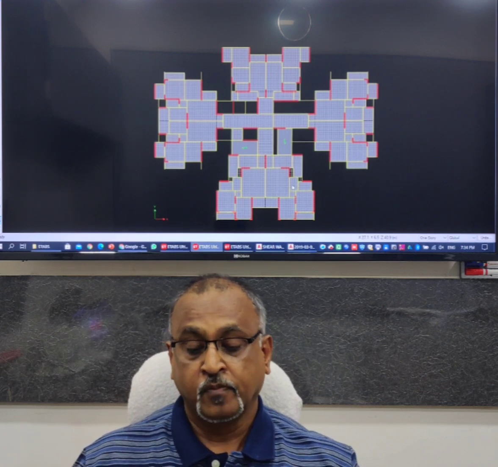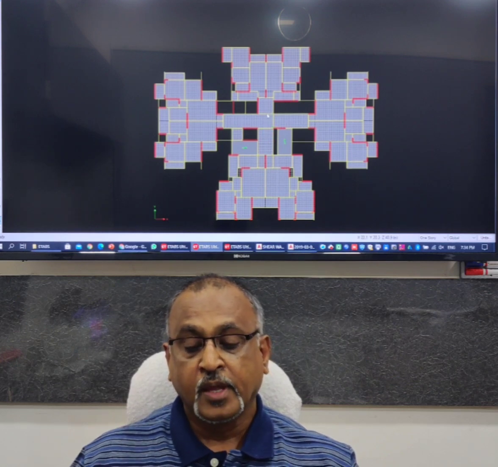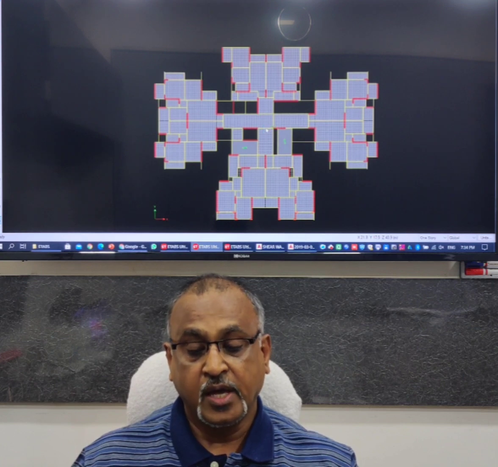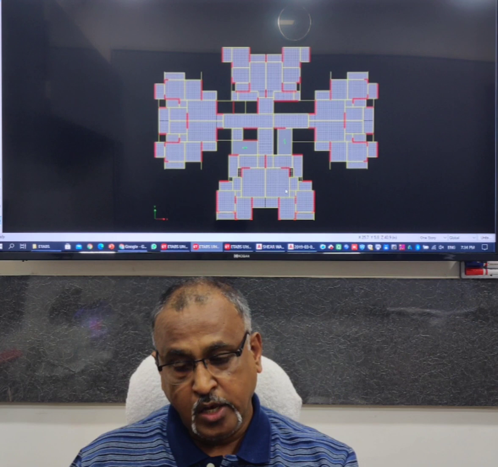What does it mean? It means that the center of mass is somewhere here and the center of rigidity is somewhere here. So what is this? This is eccentricity, and this eccentricity is trying to twist this building, and that's why the torsion is appearing. So very meaningfully this is reflected in the mass participation table.